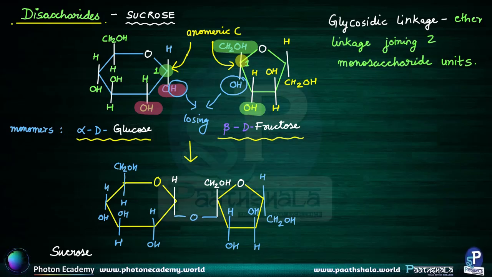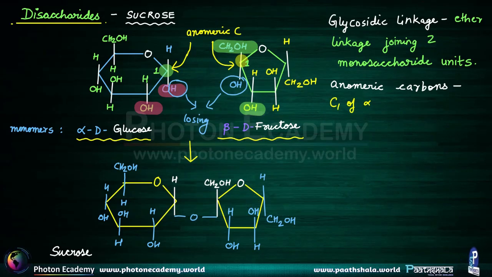So before the joining, the anomeric carbons were the C1 of alpha D glucopyranose and the C1 of beta D fructofuranose.